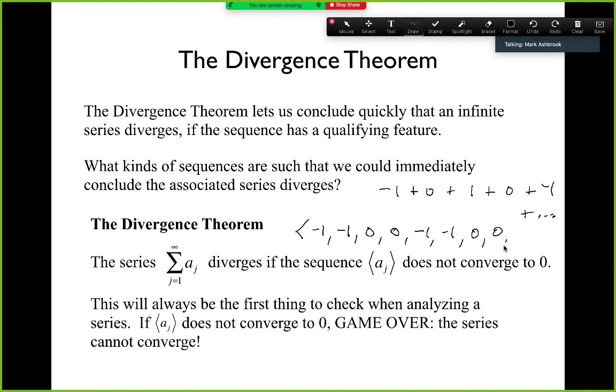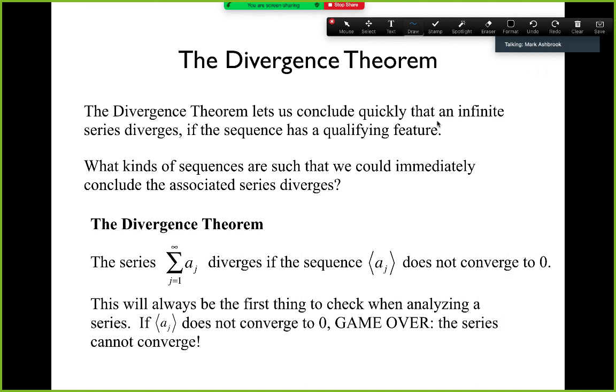Here's the sequence of partial sums. There will always be -1s and 0s in that sequence of partial sums. That does not converge. Therefore, the series does not add up to a value. Gotcha. Does it make sense? Yeah. Okay.